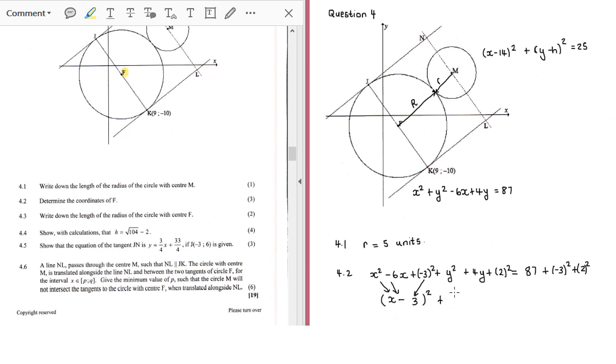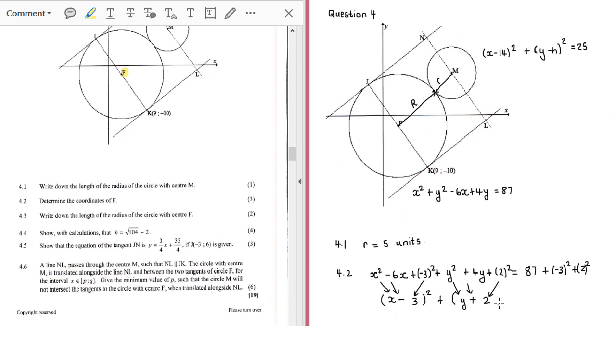Then you're still going to have plus, and we do the same thing for the y components. We drop the y, drop the plus sign, and then drop what's inside the bracket. In this case it's a positive number, so it's just 2. So when we're using the shortcut method, if inside our brackets we have a negative number, we actually have to ignore that negative, otherwise it will lead us to an incorrect equation.